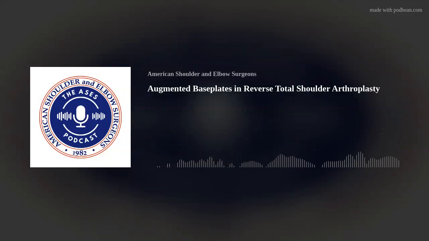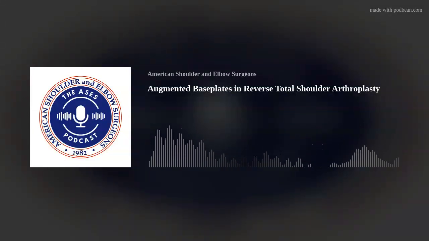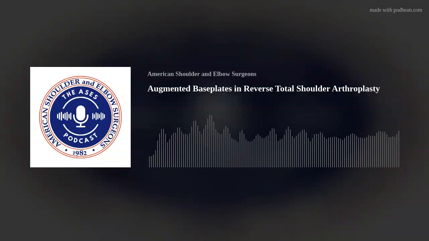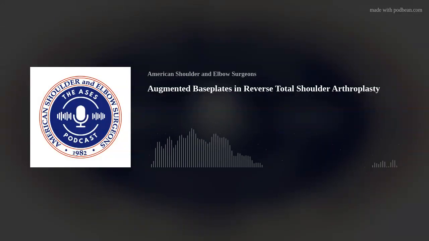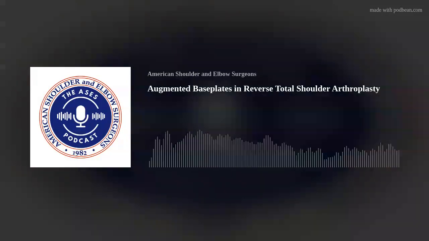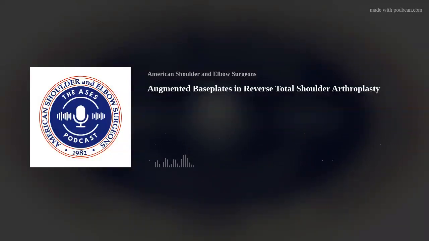There is some data that Peter has shown that maybe have some slightly higher risk of instability if it's slightly superiorly tilted. But again, that was a medialized glenosphere. So I got a little off topic, but I think we don't really even have the norms of what we're trying to aim for at this point. And I think that just poses really interesting questions.